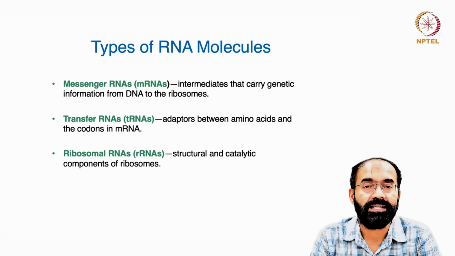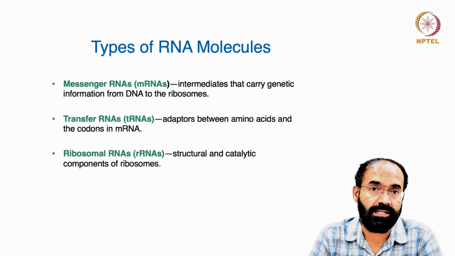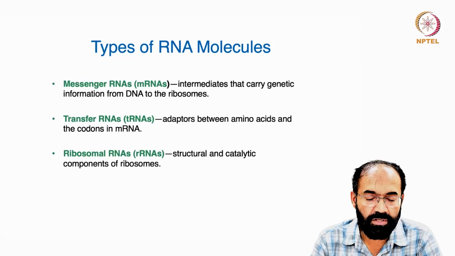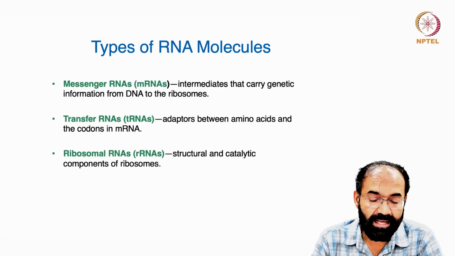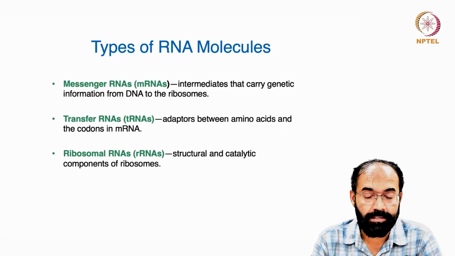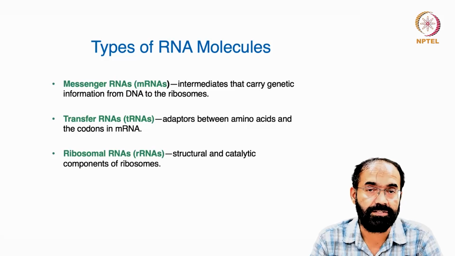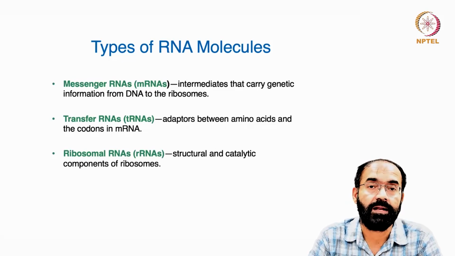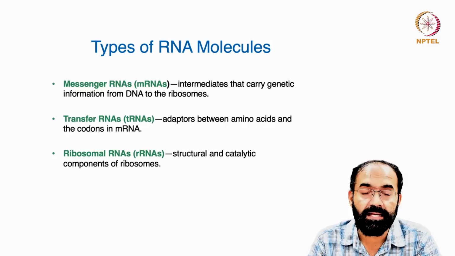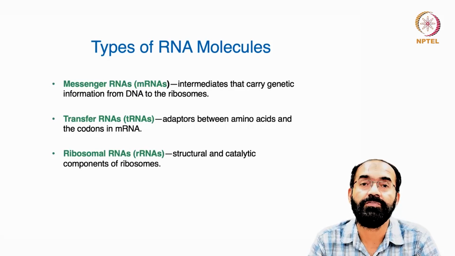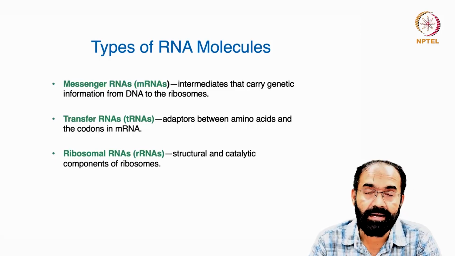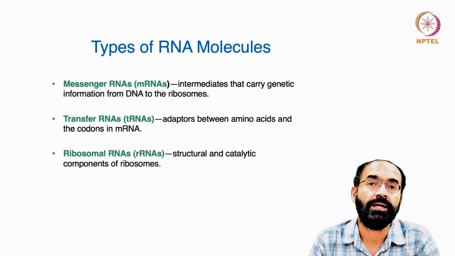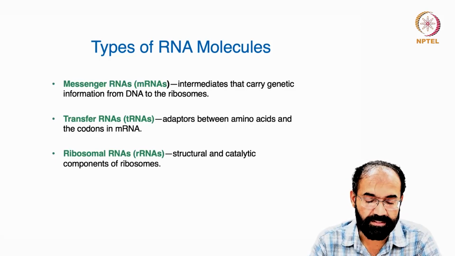Now let us see what are the types of RNA molecules that are present. So types of RNA molecules: they are messenger RNA that act as the messenger or a message that converts the genetic information into protein. So they stand in between. And then transfer RNA, the tRNAs. They help in the production of proteins. And then ribosomal RNA, they also help in the production of proteins.